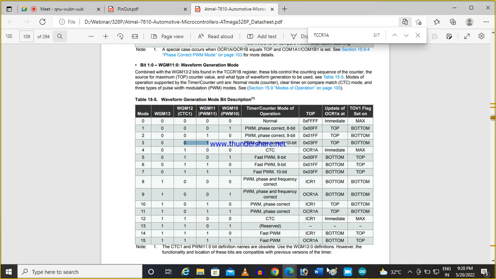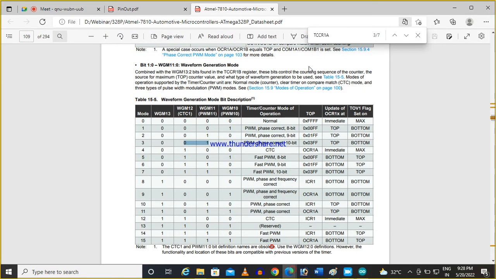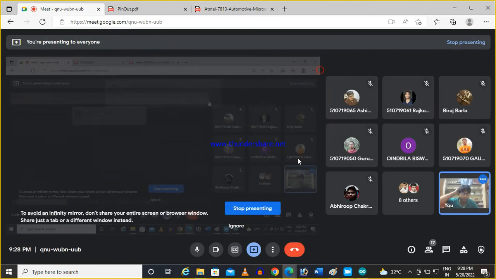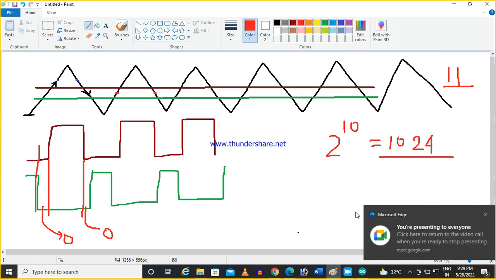Correct? So 10 bit means the entire period of the PWM from here to here is 10 bit. So 2 to the power 10 is 1024. If I give 1024, what will happen?